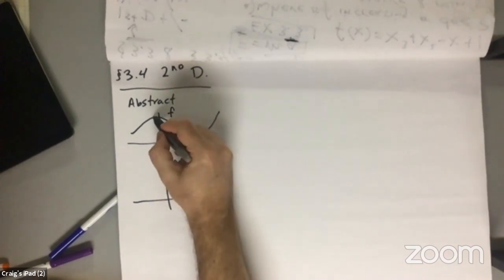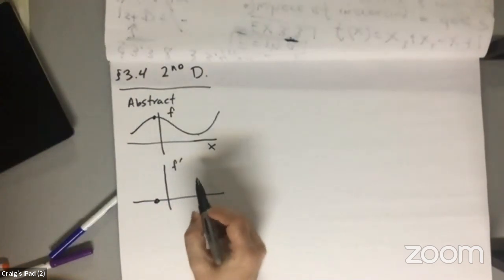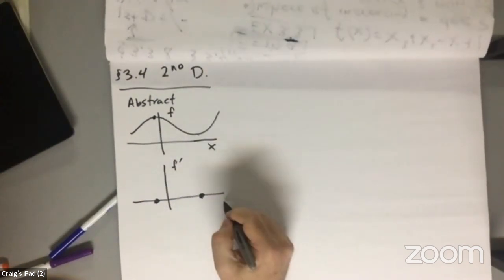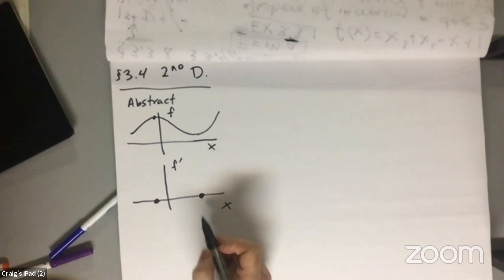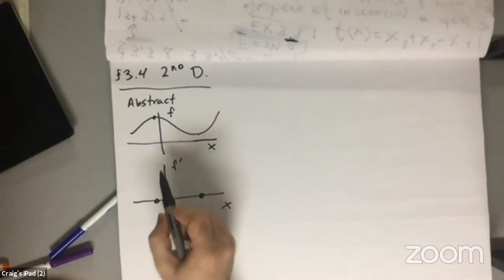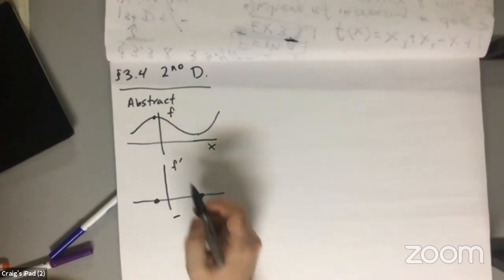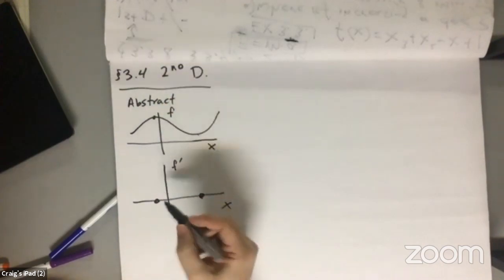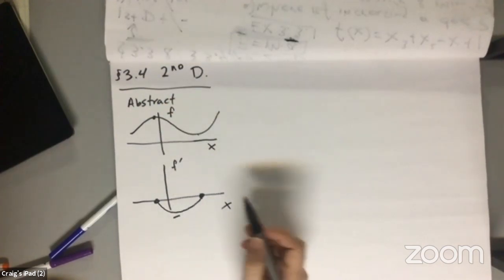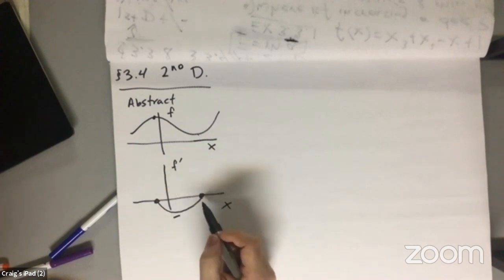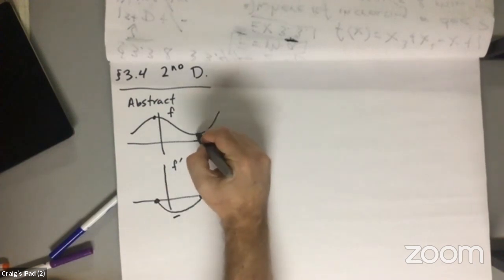And right here, I've got this spot. So the derivative is 0 here and here at those x values. And in between, the derivative is going to be negative because the slope is down. So this is what its graph looks like between those two spots.